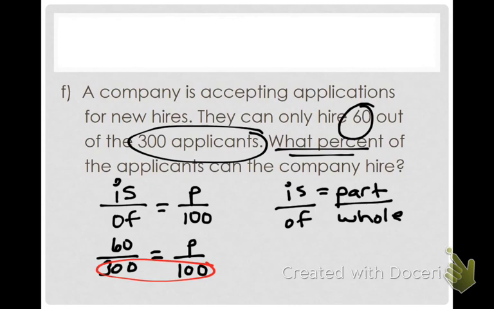How do I get from a 300 to a 100? Divide by 3. So I'm going to divide by 3 on the bottom, which means I have to divide by 3 on top. What's 60 divided by 3? 20. Now my question asks me, what percent of the applicants can the company hire? So my answer is what? 20%.